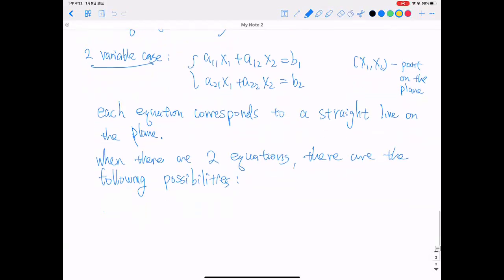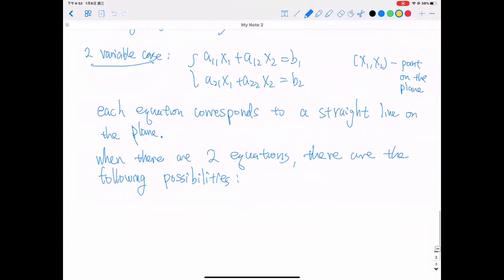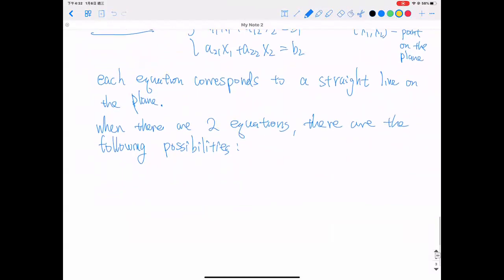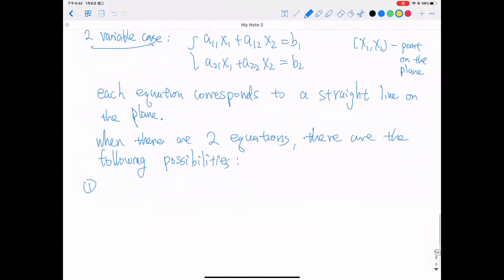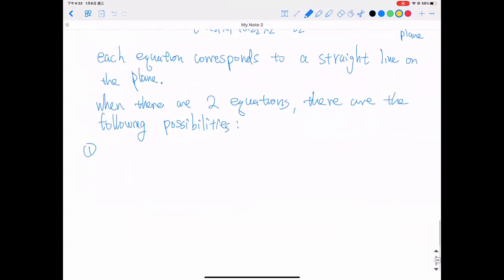Like I said, each linear equation gives you a straight line on the plane, so we have 2 equations, meaning 2 lines.